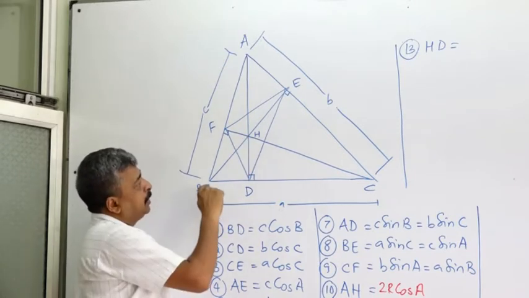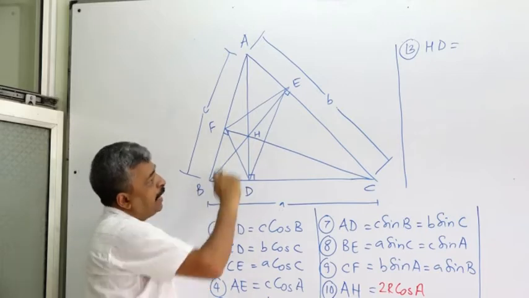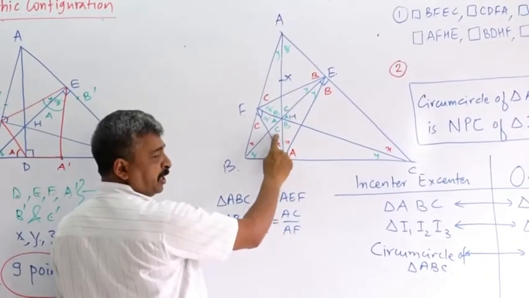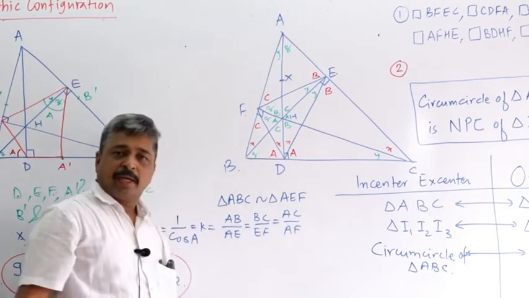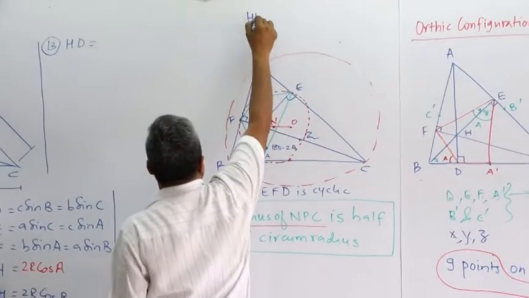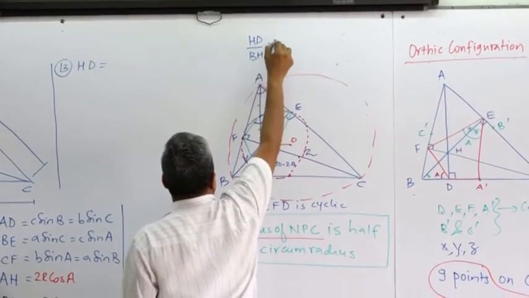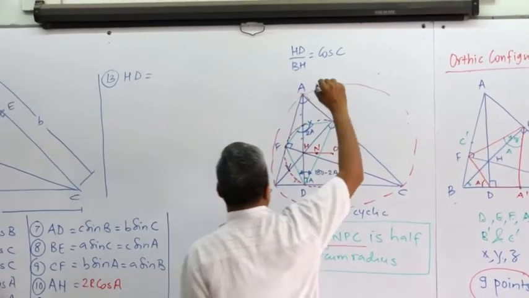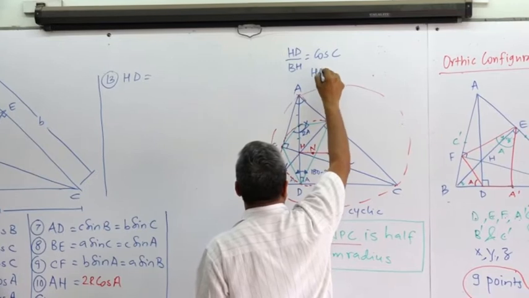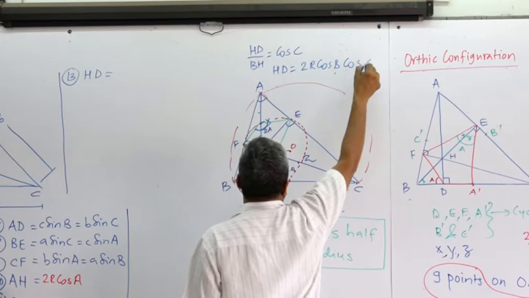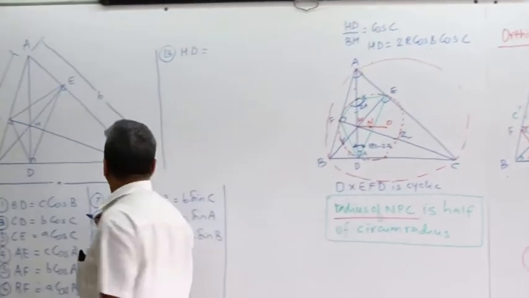HD upon BH is cos C. And what is BH? 2R cos B. So HD is equal to 2R cos B cos C. Understood?